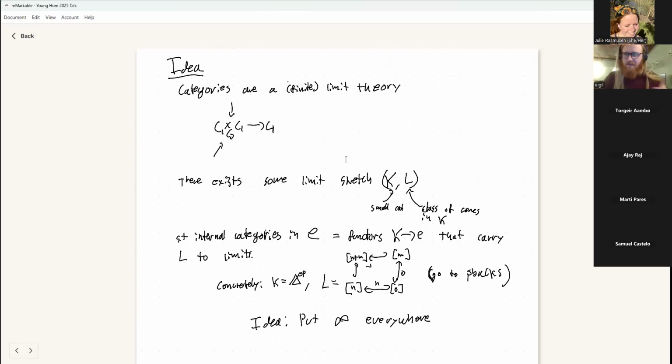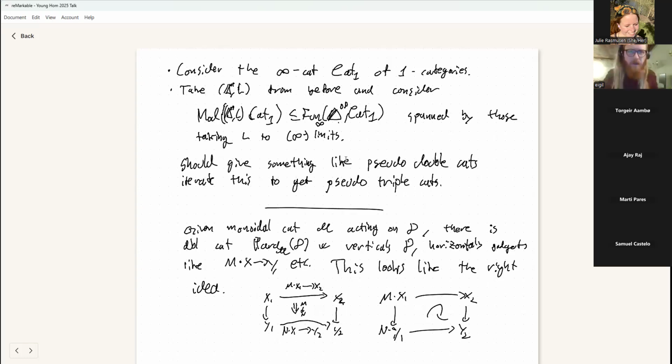So the idea is to put infinity in front of all the words on this page. So there's an infinity category of one categories, and by infinity category, I just mean infinity-one category. So it's categories, functors, and natural isomorphisms, and then the higher levels are truncated. So this is a 2-1 category.